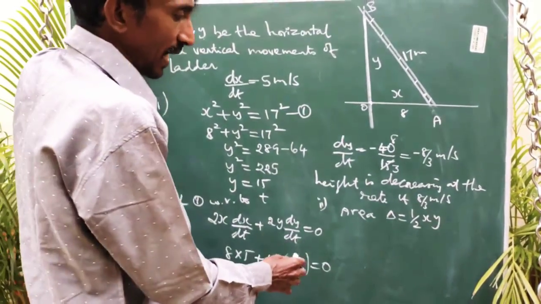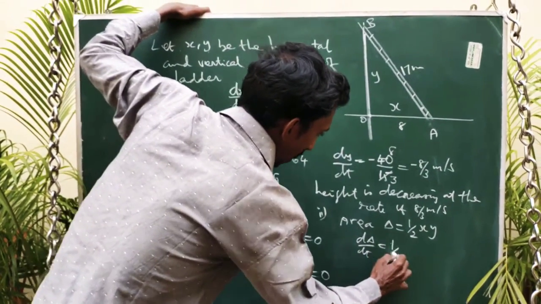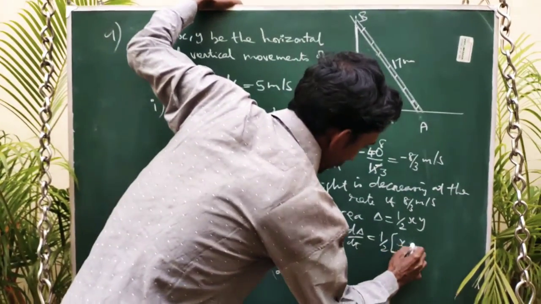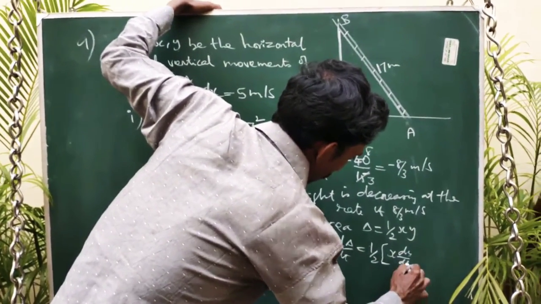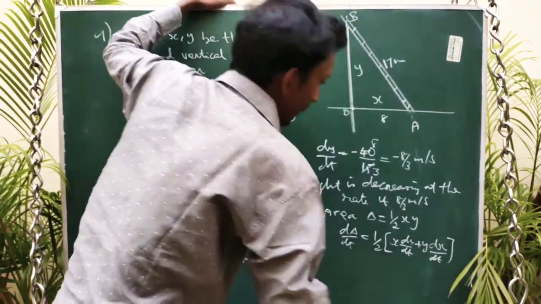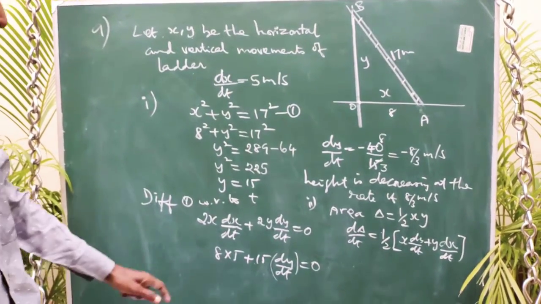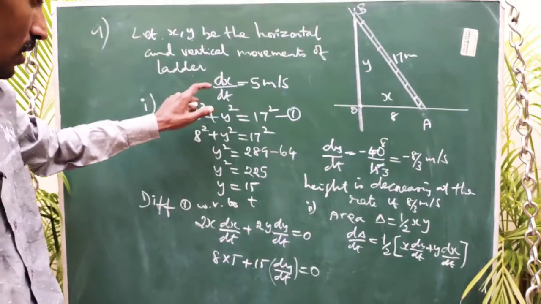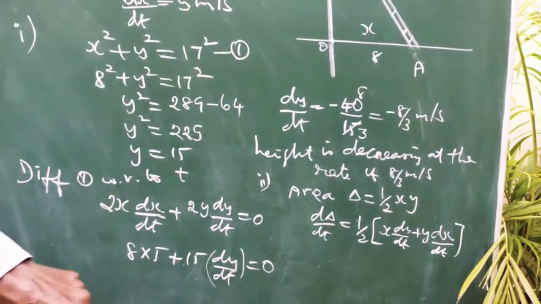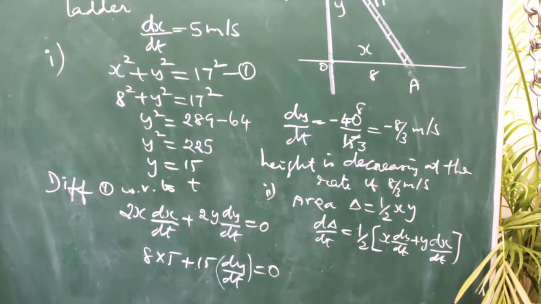Differentiating again with respect to t, we get d delta by dt equal to half into, use the product rule for the right hand side, x into dy by dt plus y into dx by dt. So use the values. We already know that x is 8, y is 15, dx by dt is 5, dy by dt is minus 8 by 3.